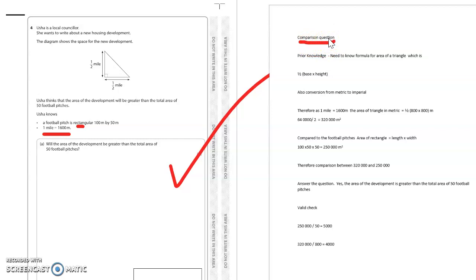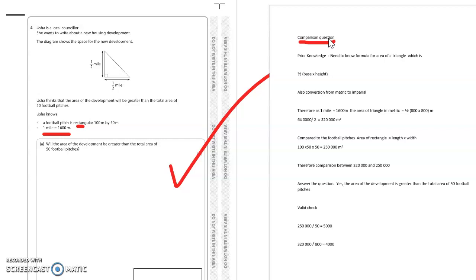So it's a comparison question. Again, the prior knowledge that we need, same as the question before, is the area of a triangle, which is half base times height. It's also a conversion question because we've got mixed units. We've got metres, which is metric, and miles, which is imperial. So you need to convert them to the same units to be able to do this question.